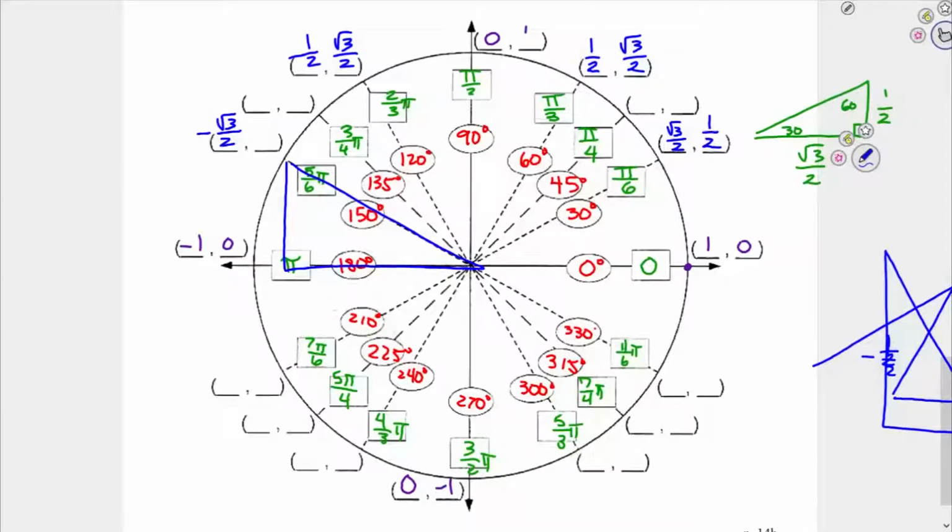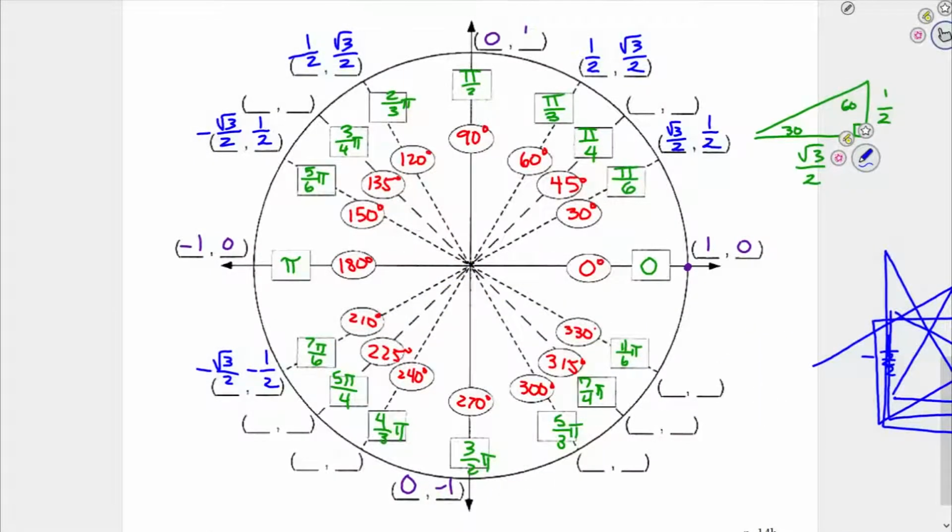And then I'm going up the short leg for the y, positive 1/2. Down here, this is a 30, 60, 90 but in this direction. The x-coordinate is the long leg going in the negative x direction, so negative root 3 over 2, and then I'm going down in the negative y direction, the short leg, negative 1/2.